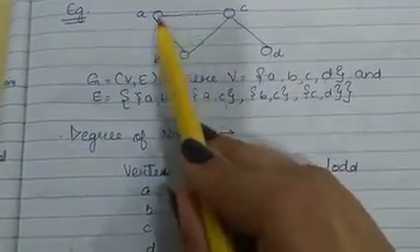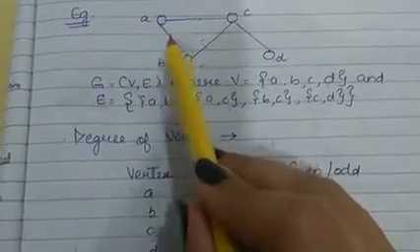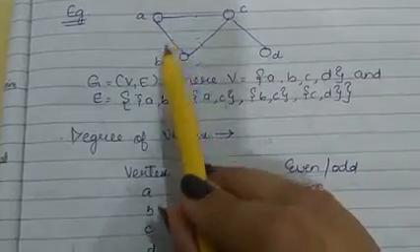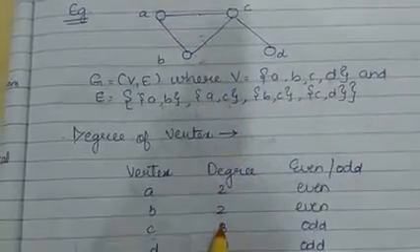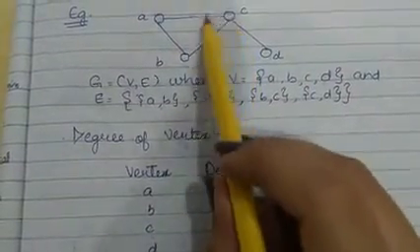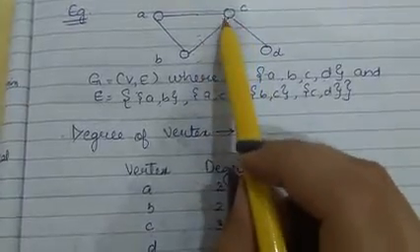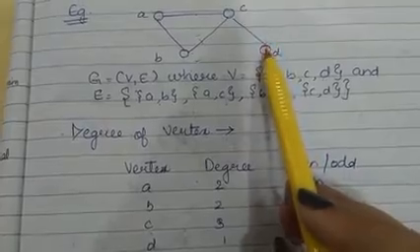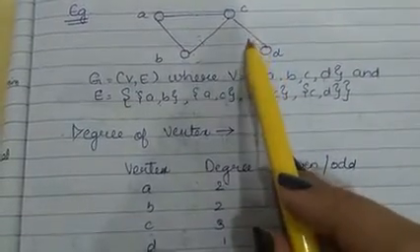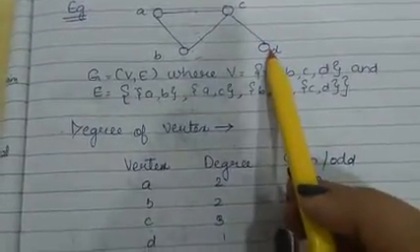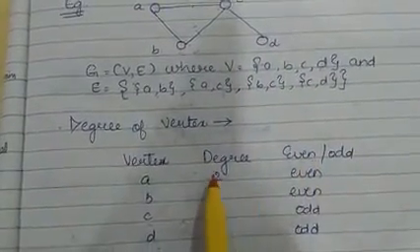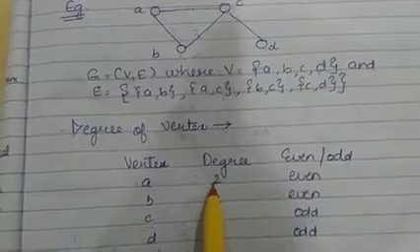There are two edges connected to vertex A, so its degree is 2. In the case of B, two edges are connected, so we write 2. For C, we have 1, 2, 3 edges connected, so the degree is 3. In the case of D, only one edge is connected, so its degree is 1.